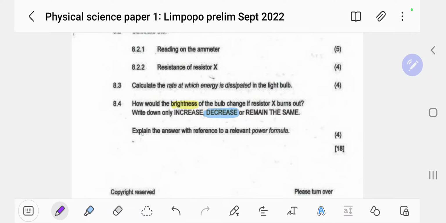And then they're telling us, explain your answer with reference to the relevant power formula. Well, this is pretty easy. So we will just use the power is equal to I squared multiplied by R. So we can see that if we drop that, and remember this drops quite significantly with the same resistance kept, it would mean the power will effectively drop.